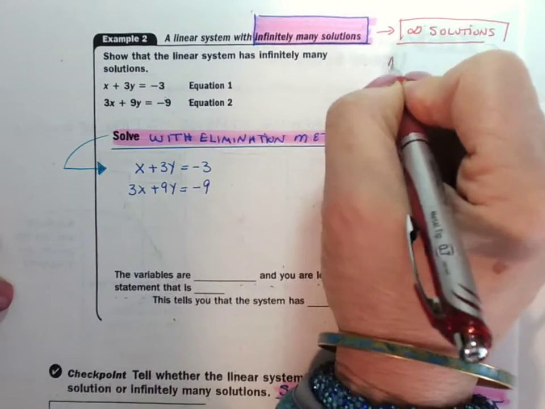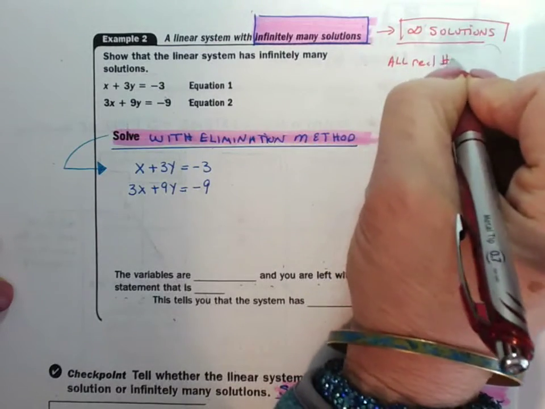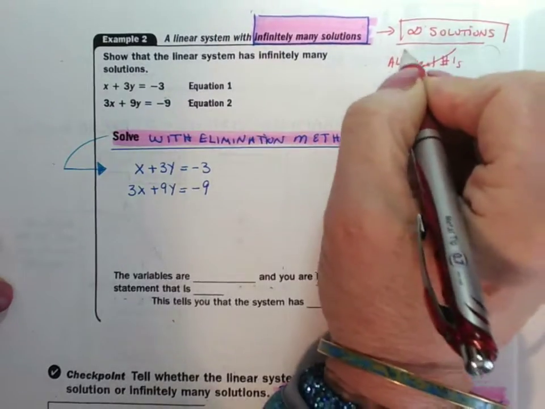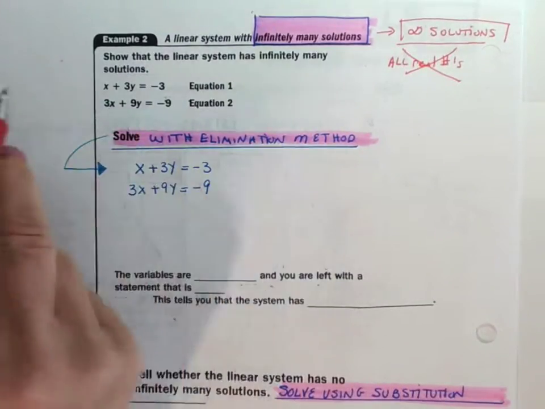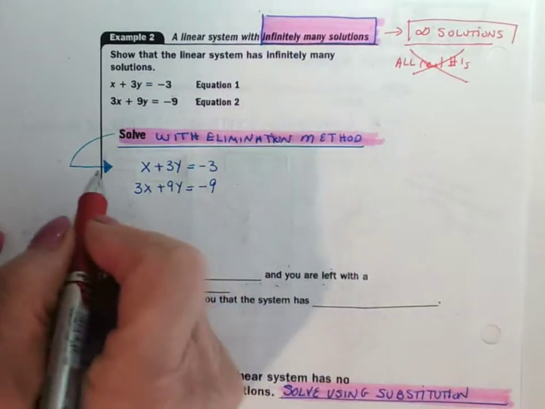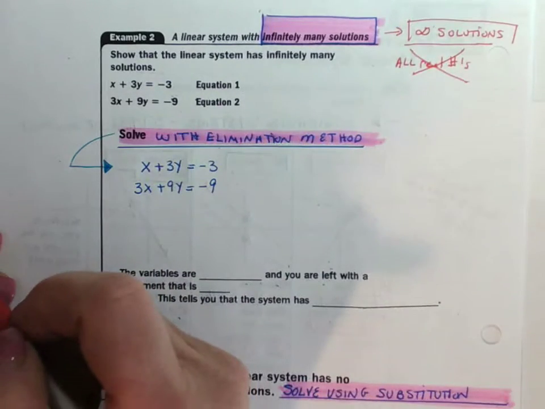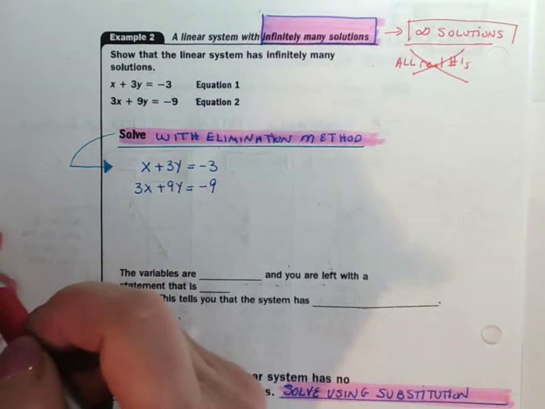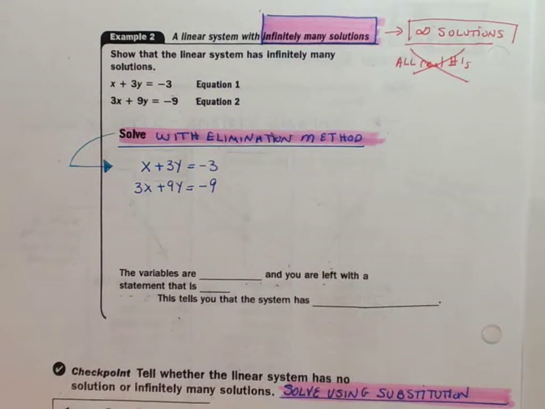You cannot say all real numbers. That is wrong. It's infinite solutions. So I want you to take this problem right here. I want you to rewrite it, and I want you to solve it with the elimination method. And I'm going to let you solve that.